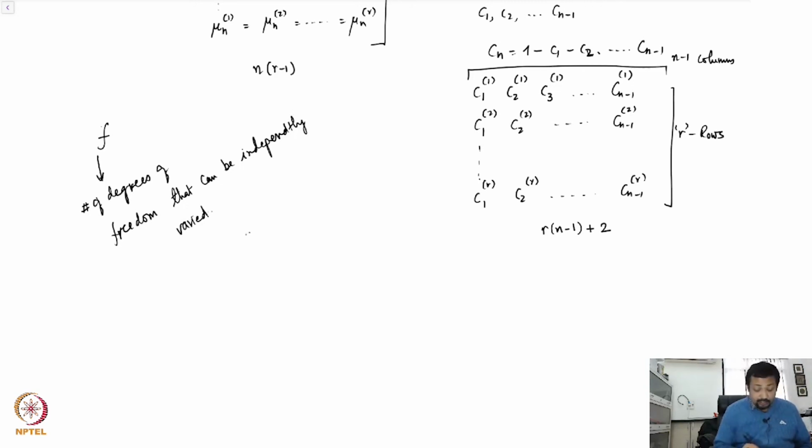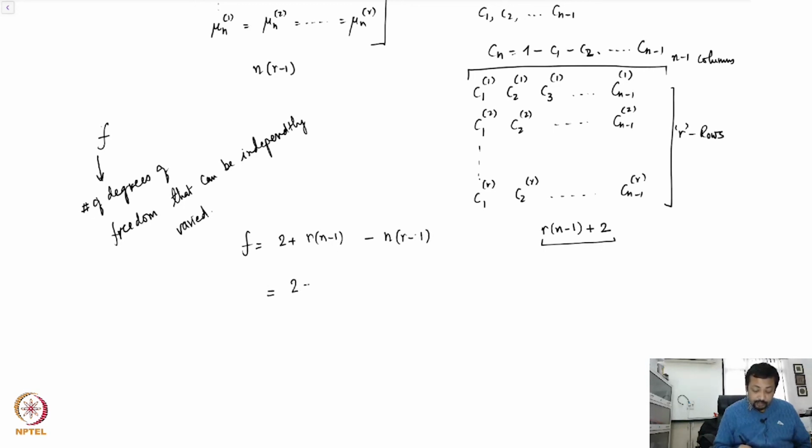F is the total number of degrees of freedom which you have, which is 2 plus r times n minus 1 minus n times r minus 1.